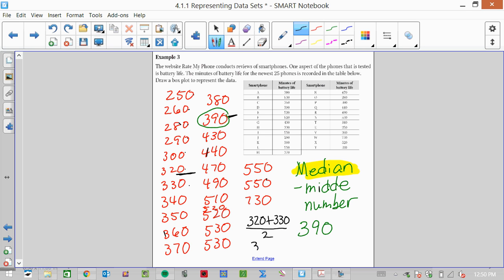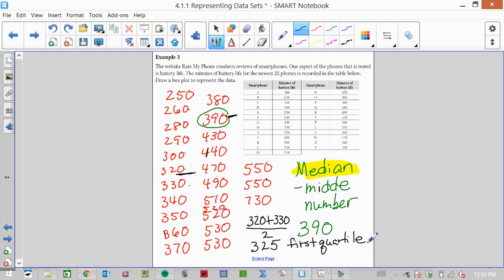That's going to give me 325. And we call this the first quartile. A quartile represents a number, and it's the median of the first half of the data.